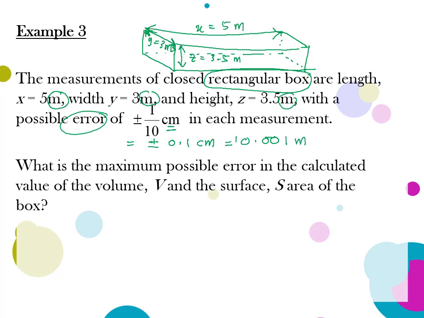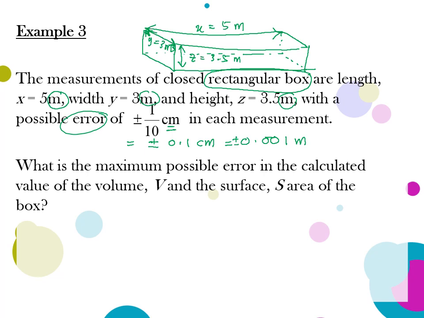So this is the error. Each of these x, y, and z has a plus minus 0.001 meter error. Okay, right.